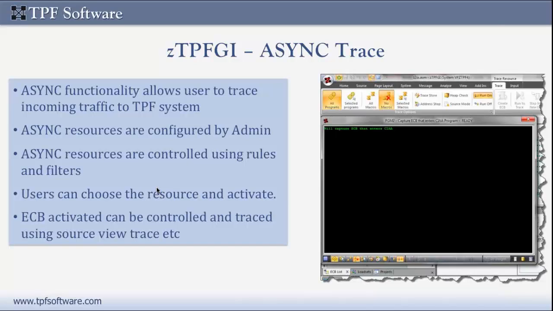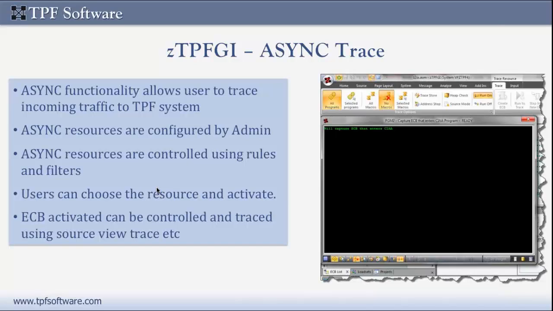We have also included some functionalities like these asynchronous resources. Once it is activated, you capture the message and the user is now tracing. This is a very expensive resource when it comes to the TPF. We cannot keep it active in the TPF test system all the time, because there are two problems. One, we will start checking all the messages coming into the system, so that might cause some performance issues.